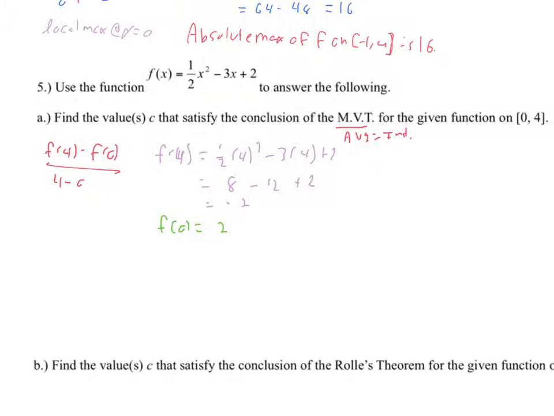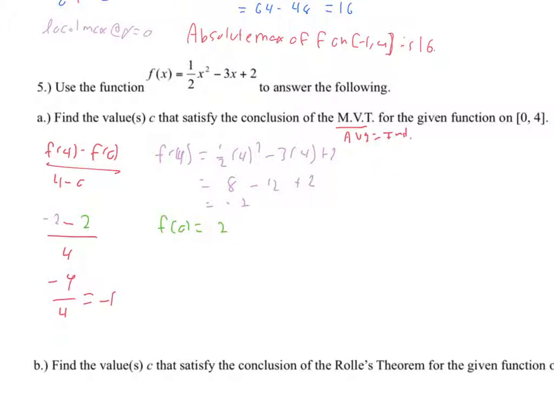So we have -2 minus 2 over 4. -2 minus 2 is -4 over 4, which is -1.